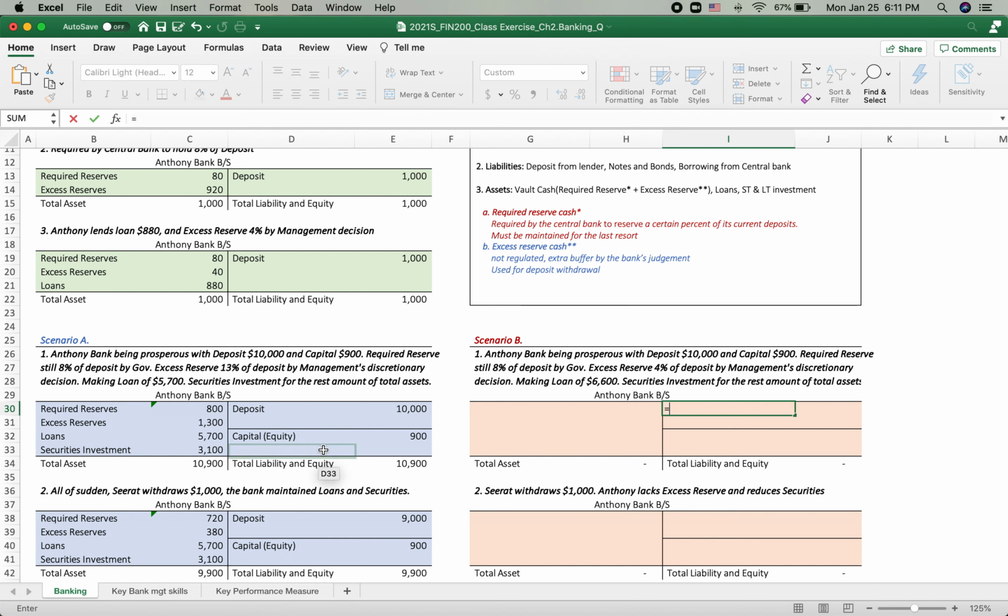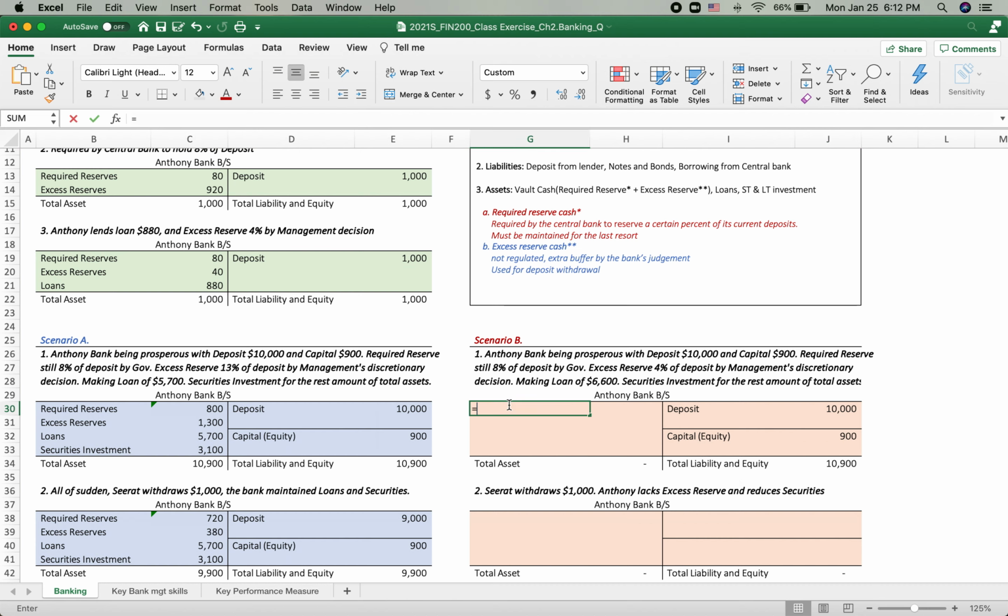Okay, let's start from there again. Now the deposit is $10,000, which is the same as in this case. And then capital equity is also the same as this case, 900. So the total liability and equity is 10,900. Now required reserves, excess reserves.